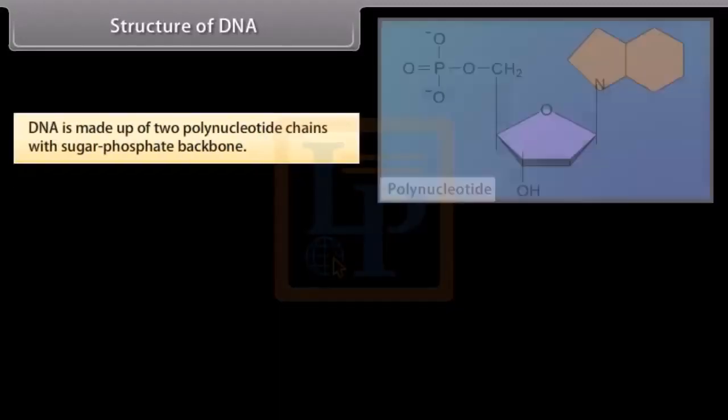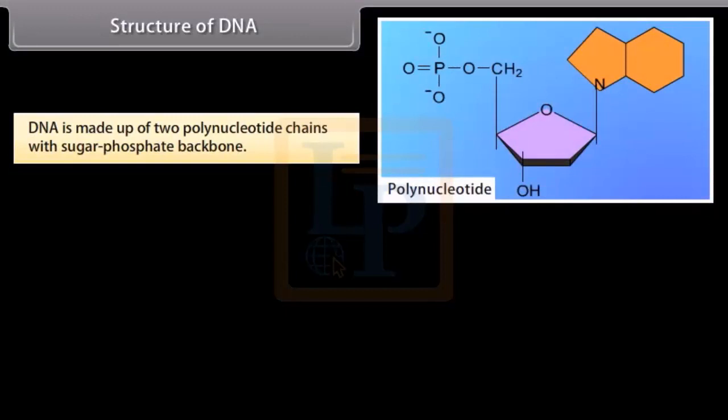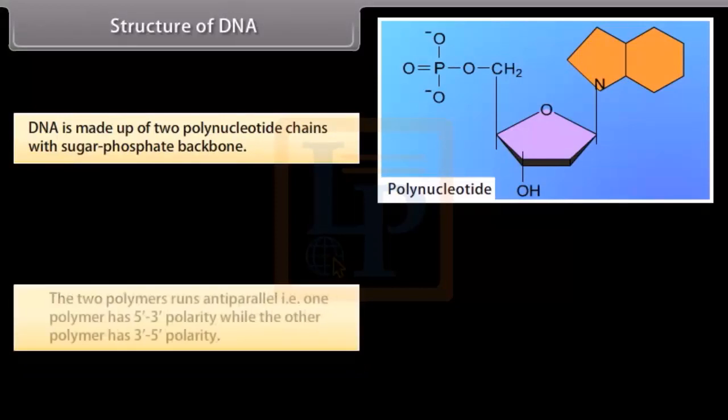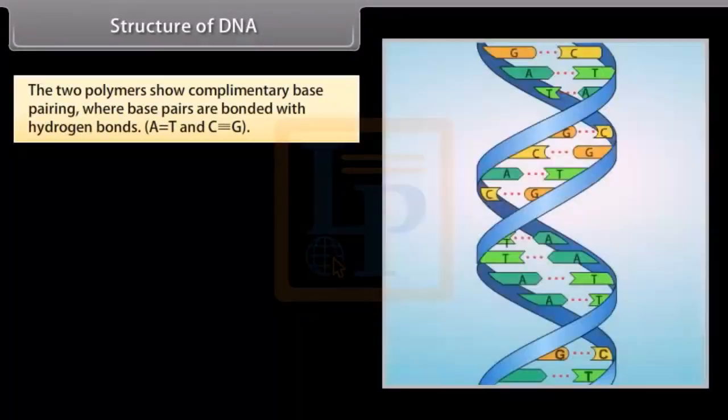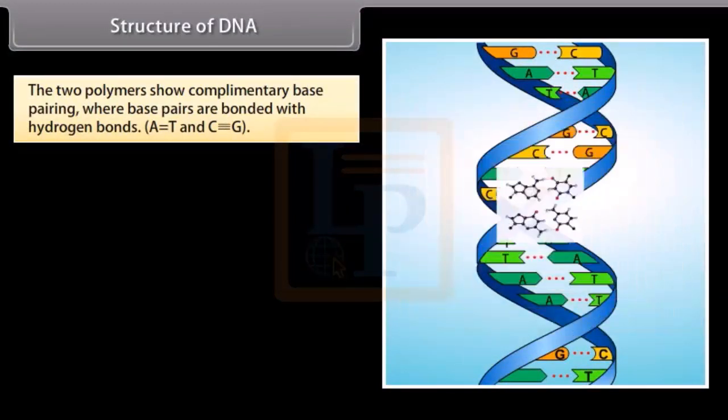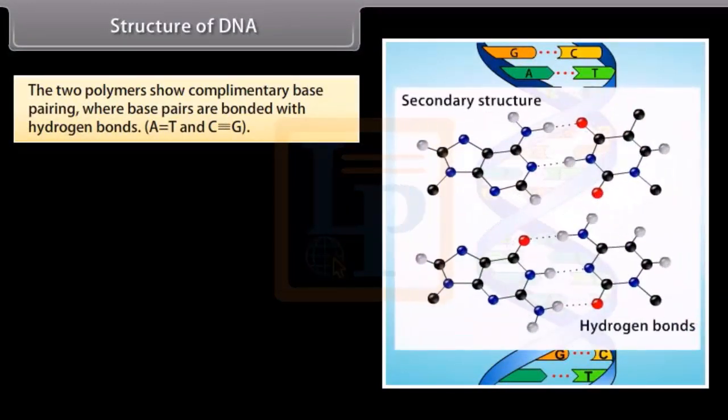Structure of DNA. DNA is made up of two polynucleotide chains with sugar phosphate backbone. The two polymers run anti-parallel, that is, one polymer has 5' to 3' polarity, while the other polymer has 3' to 5' polarity. The two polymers show complementary base pairing, where base pairs are bonded with hydrogen bonds.